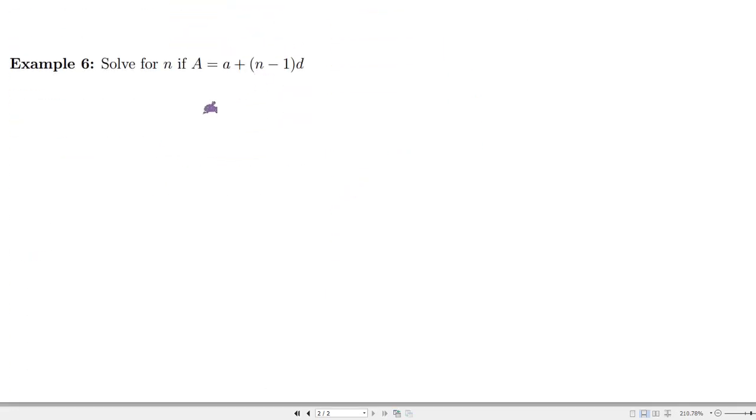Okay, in this last example here, we're going to solve for n, and we have capital A, little n, and a d here. So if we want to solve for n, first we're going to expand so we have all these terms, because we know that we're going to have this term that has an n in it. So first let's expand.